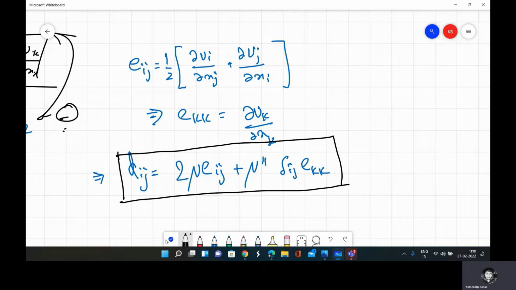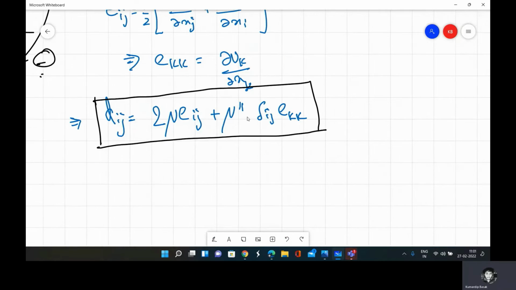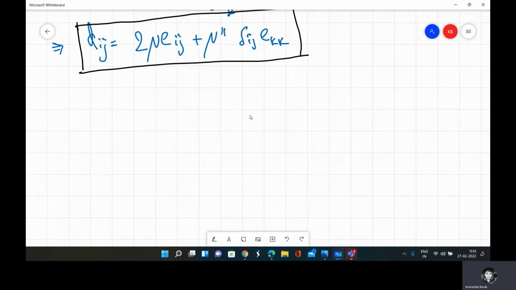This is a very important expression where we can represent the deviatoric shear stress in terms of simple coefficients and the local velocity gradient.